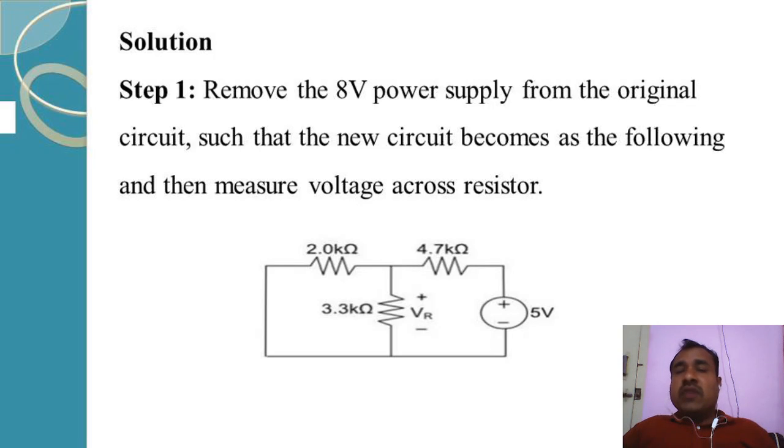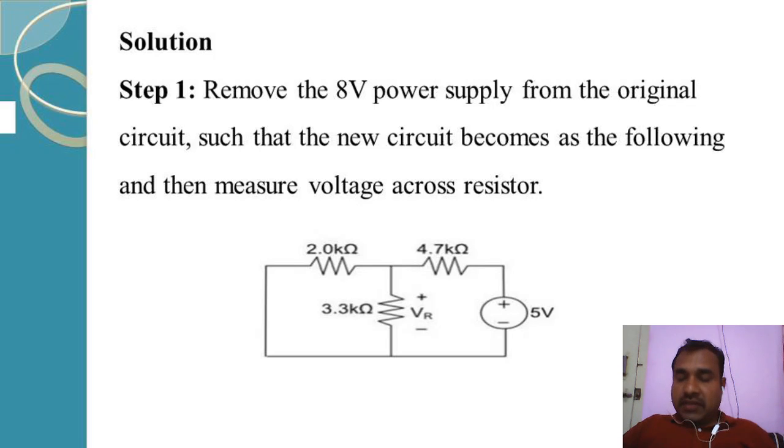Now I have to find the voltage and current through this resistance using the 5 volt source alone. The 2 kilo ohm and 3.3 kilo ohm resistances are in parallel, and this parallel combination is in series with the 4.7 k ohm resistance.